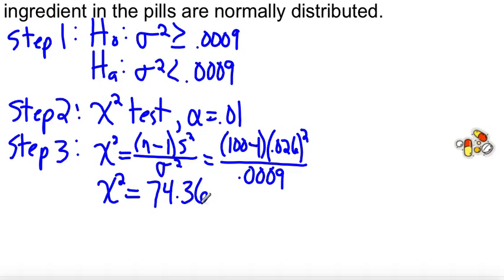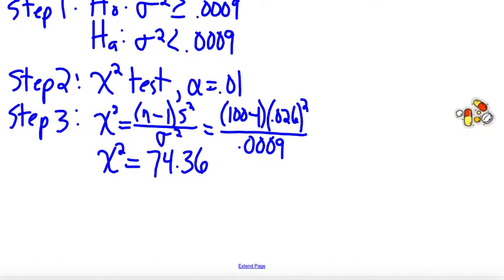We need to see how this compares with our critical value. So we are doing a left tail test because our alternative hypothesis is less than. And our degrees of freedom is 100 minus 1, so that's 99.